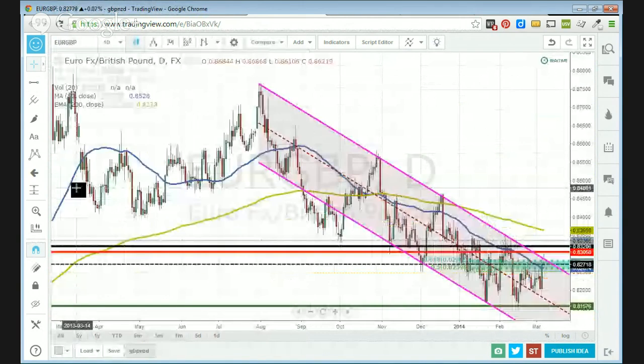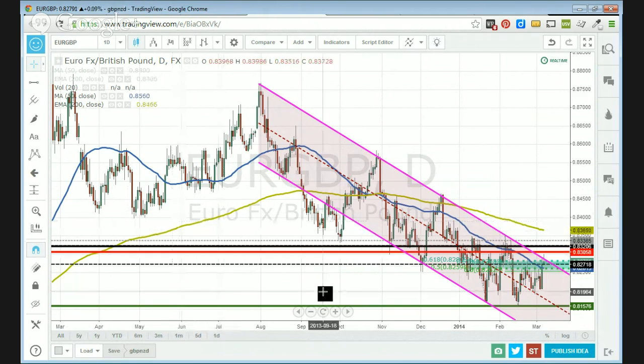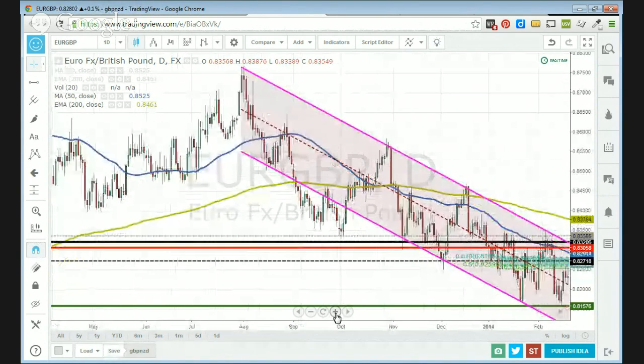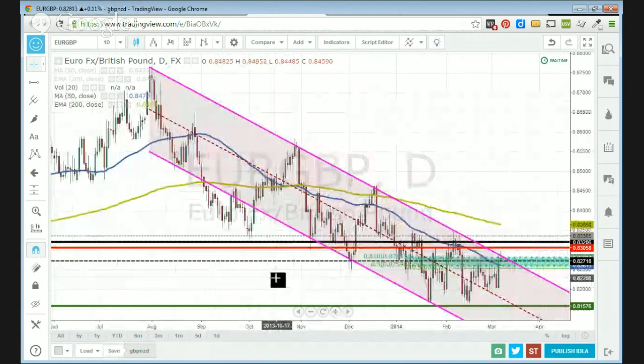Okay, now this is actually really interesting. Yes, okay, Euro Pound, we probably will put an order on here in order to go short Euro Pound. Let me zoom in a little. Let's find the right entry spots here.